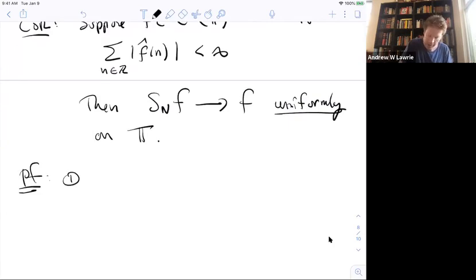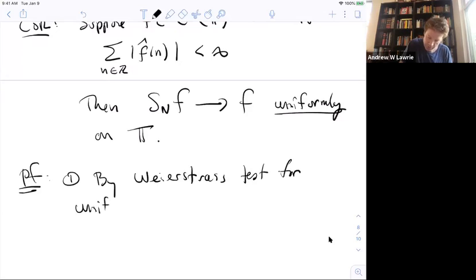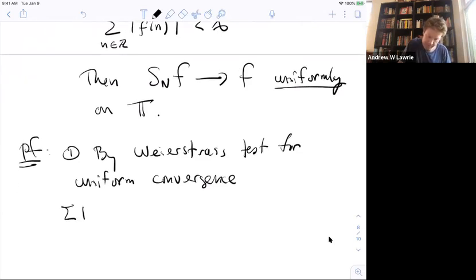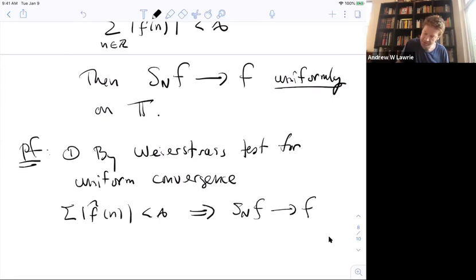So one, by Weierstrass's test for uniform convergence, this sum being finite implies that this convergence is uniform.